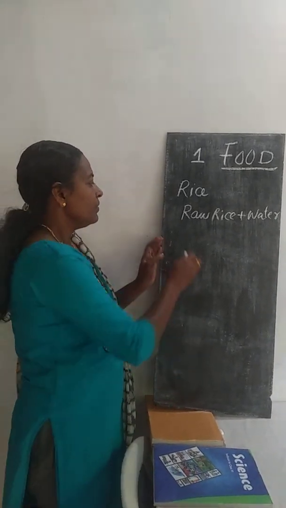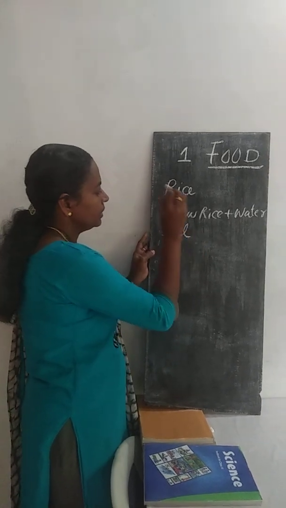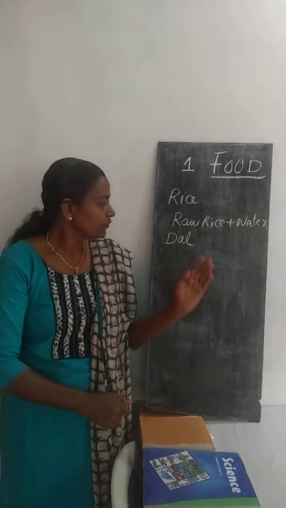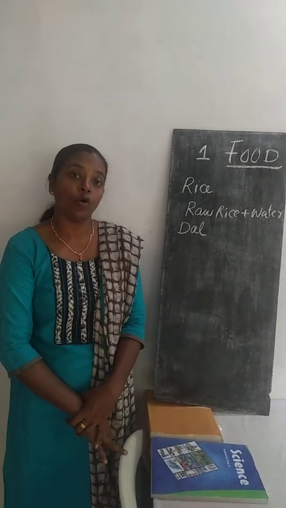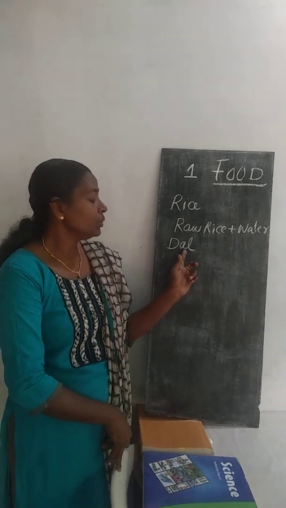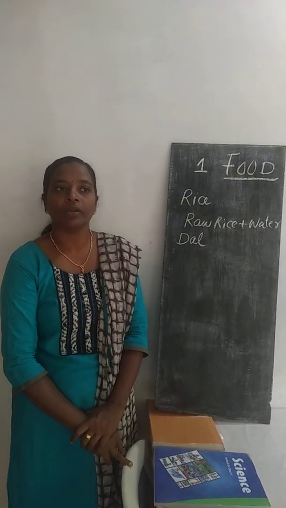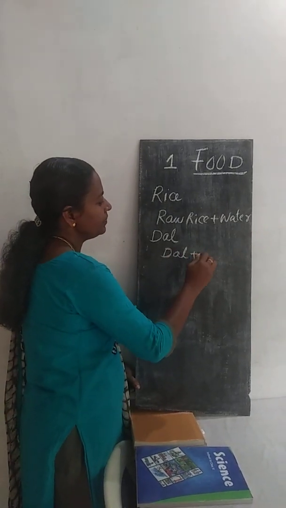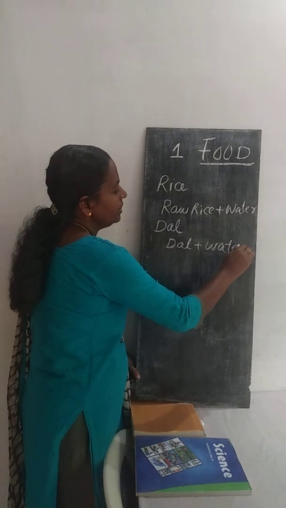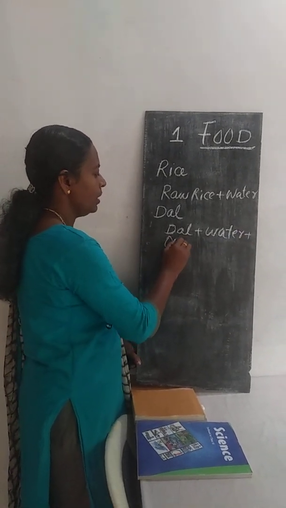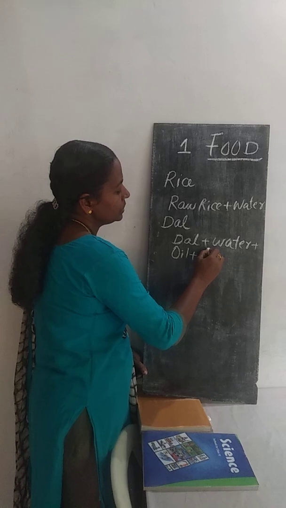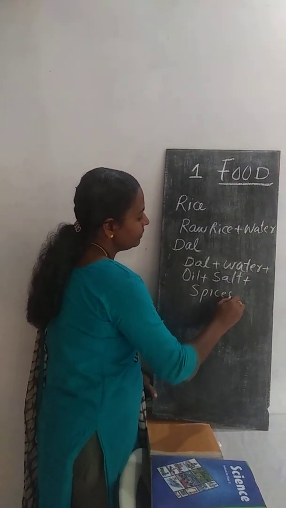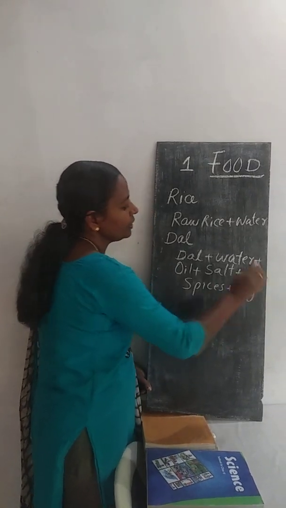And when we think about a dal curry, how many items do we need to add with the dal for making a curry? Different items, okay? We take some dal, then we add some water, then we need some oil, then salt, and we need to add some spices, and if you are adding any vegetable, that also we can add.